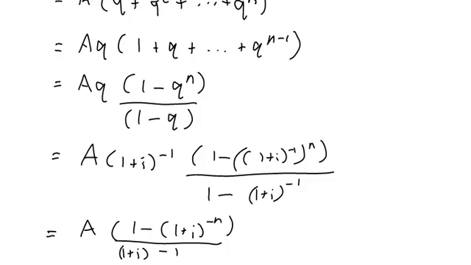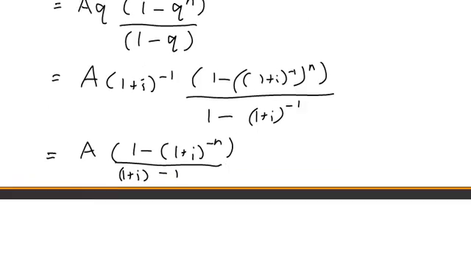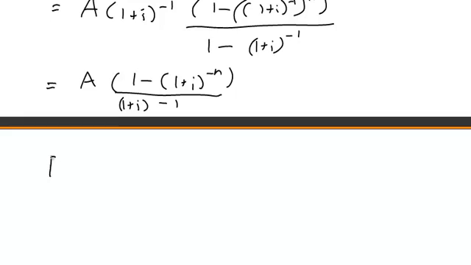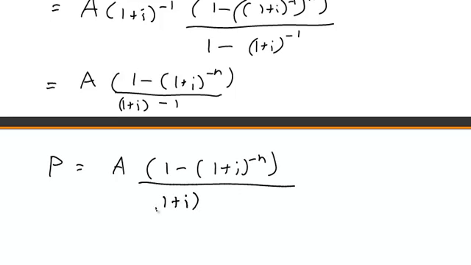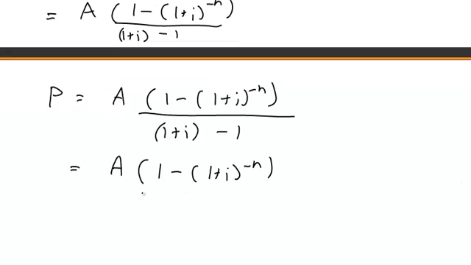And so we've got that P equals a times 1 minus 1 plus i to the minus n over 1 plus i minus 1, which is the same as a times 1 minus 1 plus i to the minus n over i, because 1 plus i minus 1 is i, which is the same formula that we got before. We just did it using geometric series.